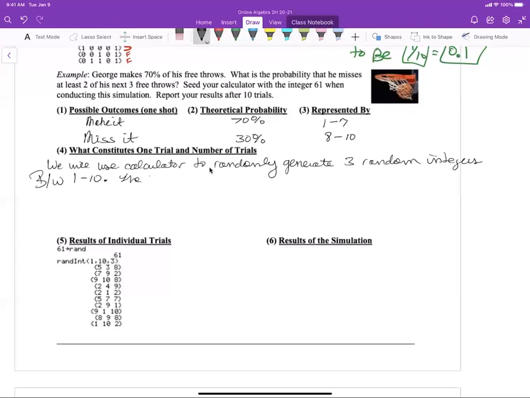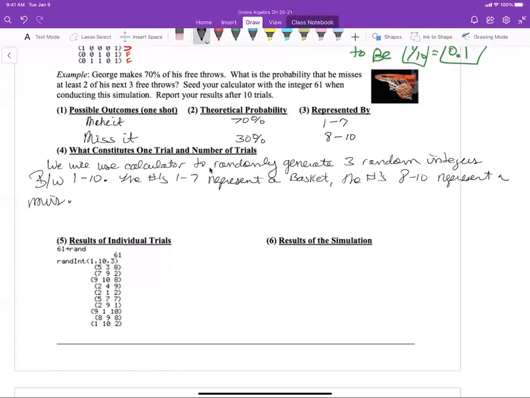The numbers 1 through 7 represent a basket. The numbers 8 through 10 represent a miss. Okay.